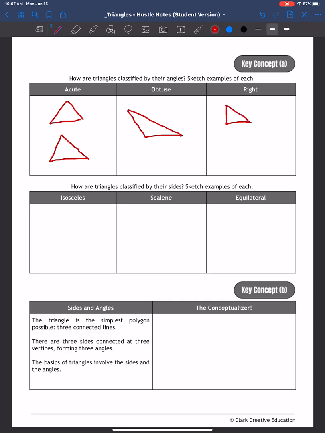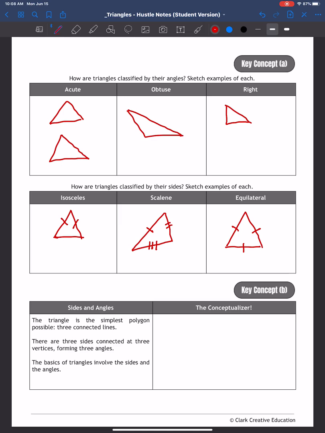For isosceles, these two are the same. A scalene, no sides are equal, and then an equilateral. This side and that side are all equal.